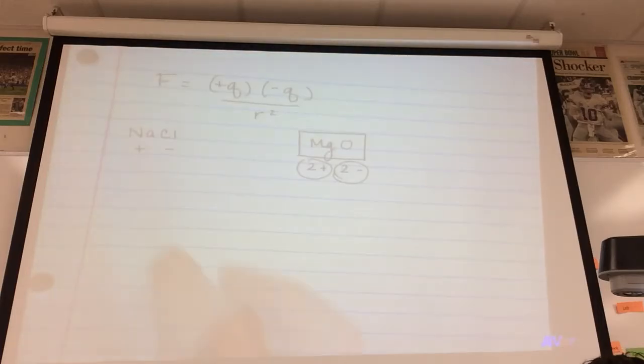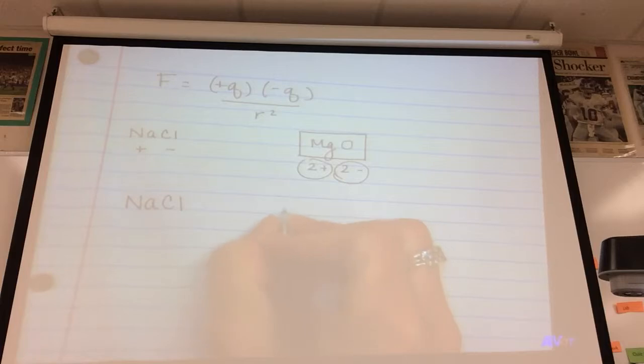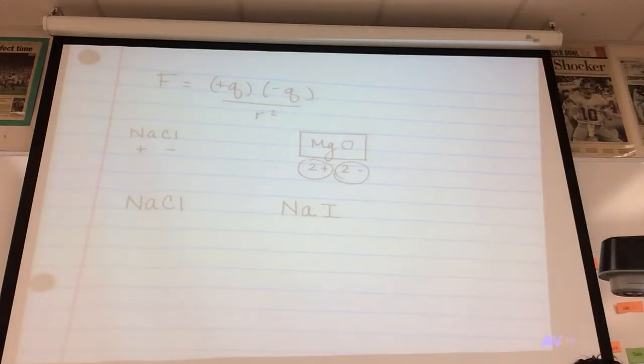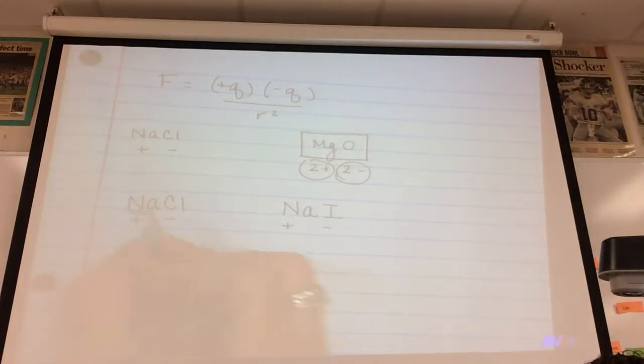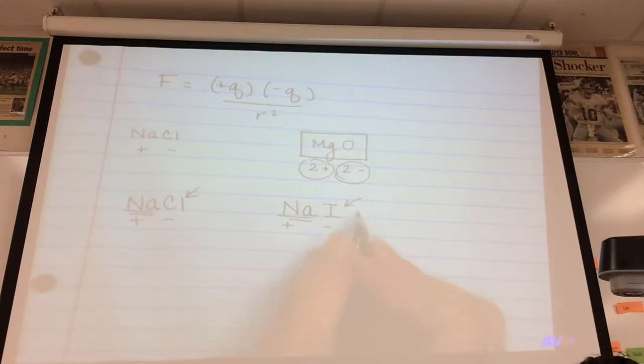If, for example, you were comparing 2 ionic compounds that both were 1 plus, 1 minus, now you'd have to consider the radius. Now, sodium ion in both, chloride ion versus iodide ion.